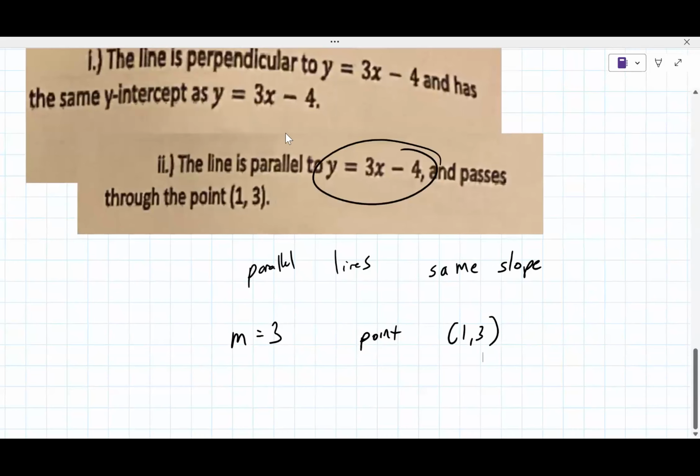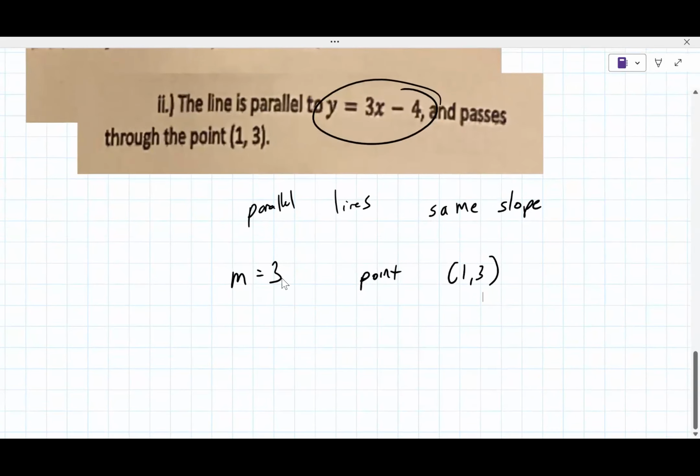All right. So let's use the equation of a line, y equals mx plus b. What is the value of m? The value of m is 3.